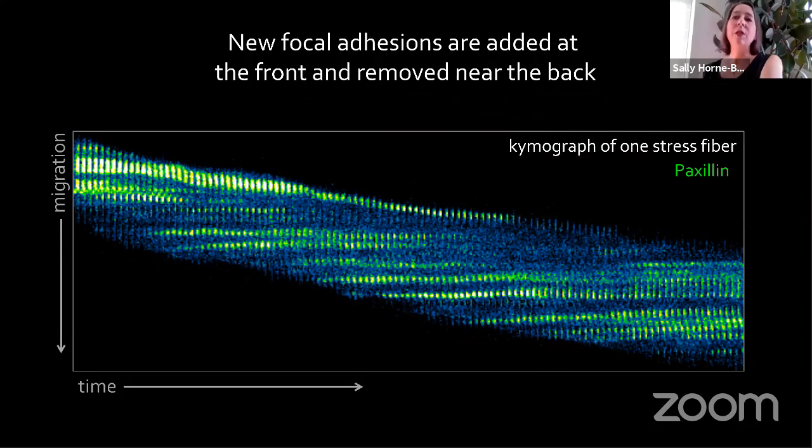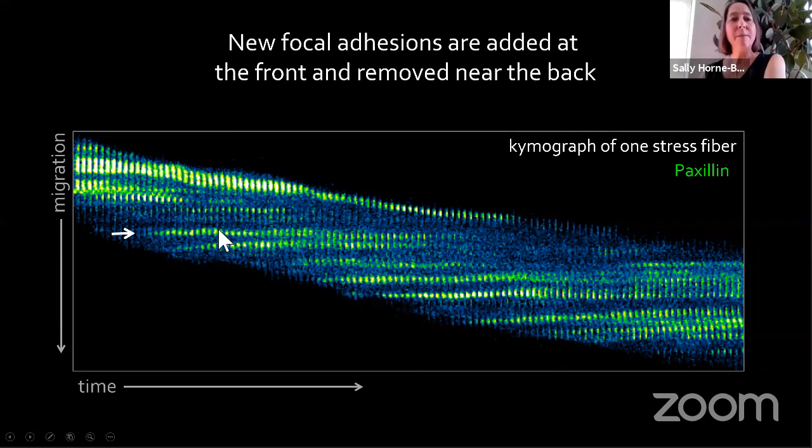Okay, so what you're looking at now, this is a kymograph of the adhesions associated with a single stress fiber over time. And this diagonal that you see going down the screen represents that motion of the cell moving forward. Okay, if we focus in on a single adhesion, what I'd like you to notice is this adhesion is born near the leading edge of the cell.